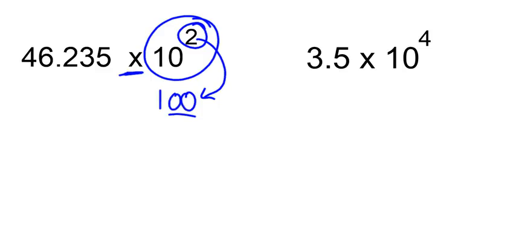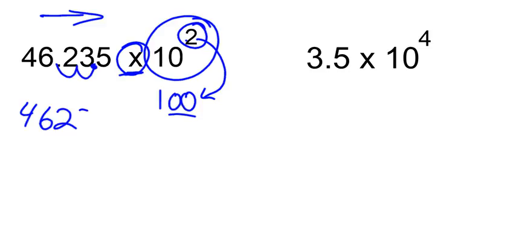In this case, we're going to go to the right. When we multiply, we move to the right. Our numbers grow. They get bigger when we multiply by 10. So when I multiply by 10, I see an exponent of 2, which means I'm really multiplying by 100. And we know that when we multiply by 100, we move it 2 place values. So our final answer is 4,623 and 5/10.